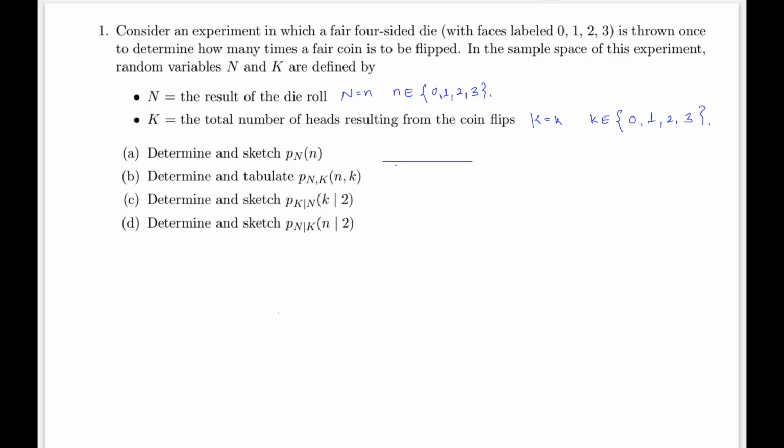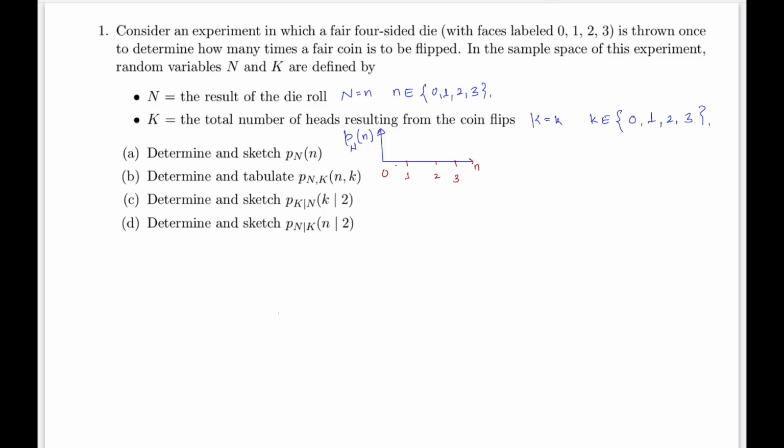Let's say on the y-axis we have the probabilities, that is, the probability of random variable N taking the value little n, and on the x-axis the random variable can take the value little n, and these little n are the possible values 0, 1, 2 and 3.